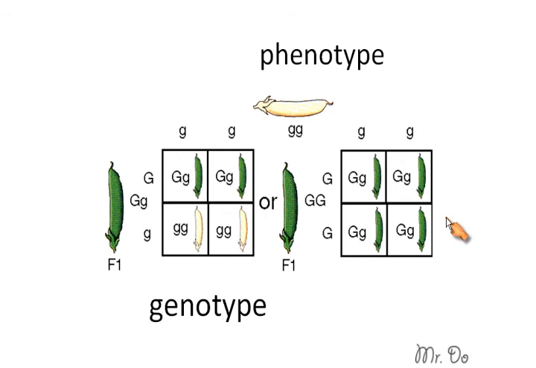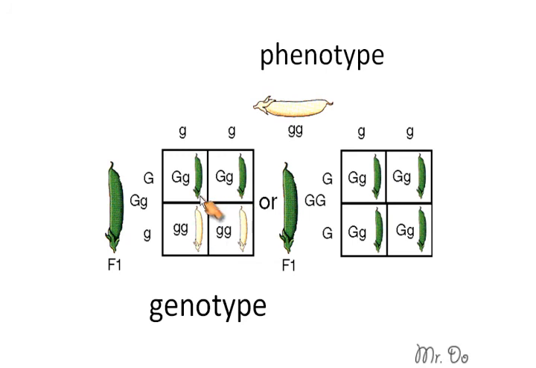Let's see what happens when we cross something else. Over here, we have another green, but this time, this one is heterozygous, meaning a big G and a small g, whereas the other parent is small g and small g. When we cross them together, this gives a big G and a small g. However, this will give a small g and a small g. And then you fill up the other boxes.